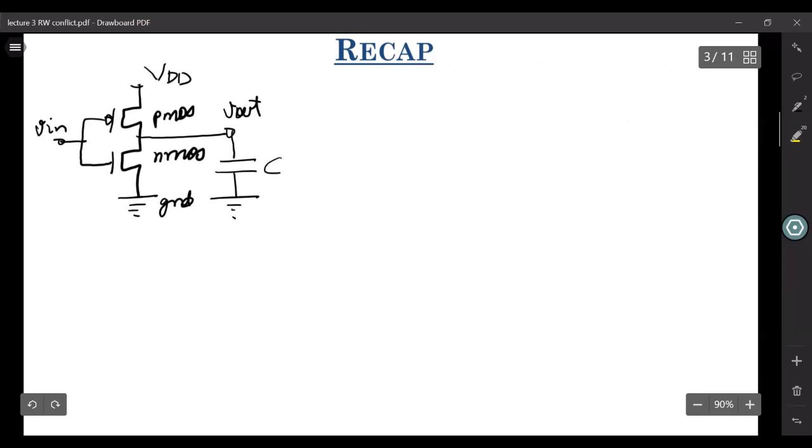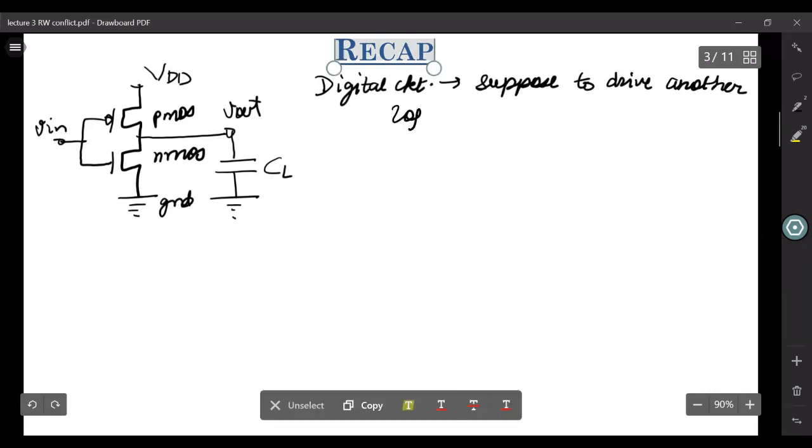So why a load capacitor? Because in digital circuits, each gate is supposed to drive another logic or another gate.